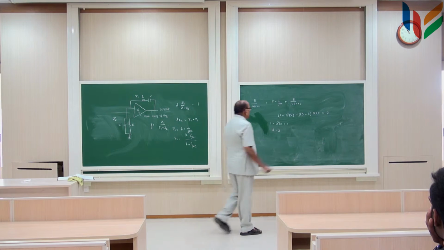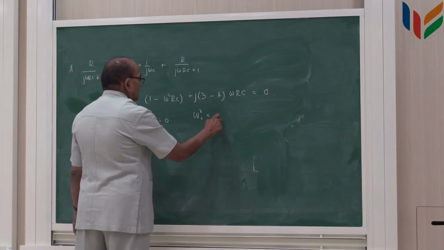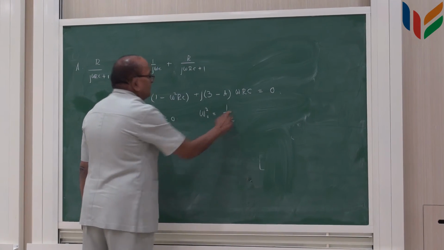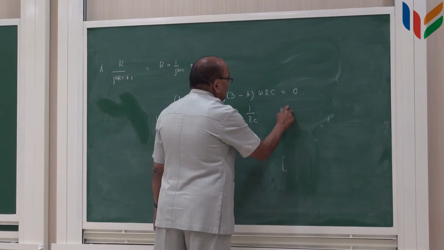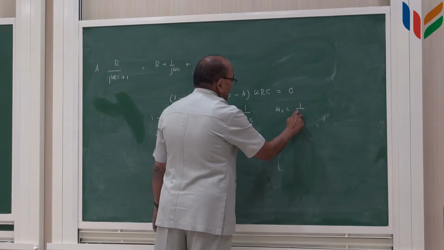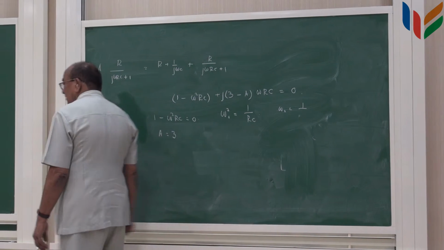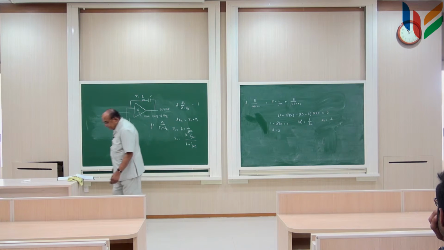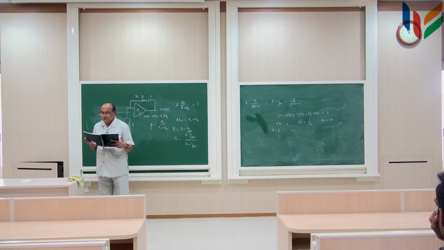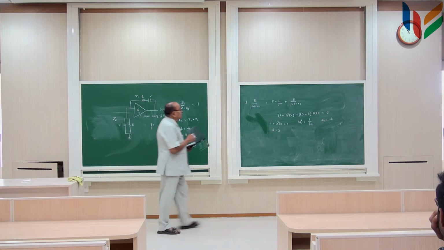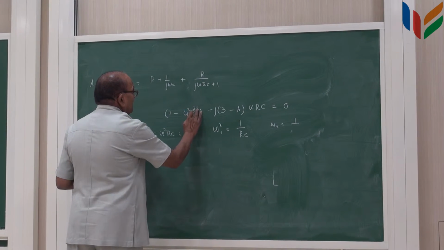The first equation tells you the resonance or oscillating frequency: omega naught square is equal to 1 by RC. So omega naught is equal to 1 by... something is wrong here. It should be a square somewhere; dimensionally something is wrong here.